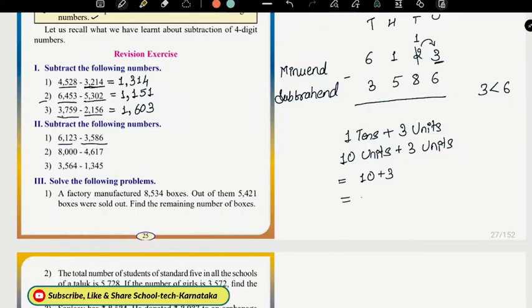So our number is now 13. So when we borrow, at units place we have 13. So 13 minus 6 is 7.